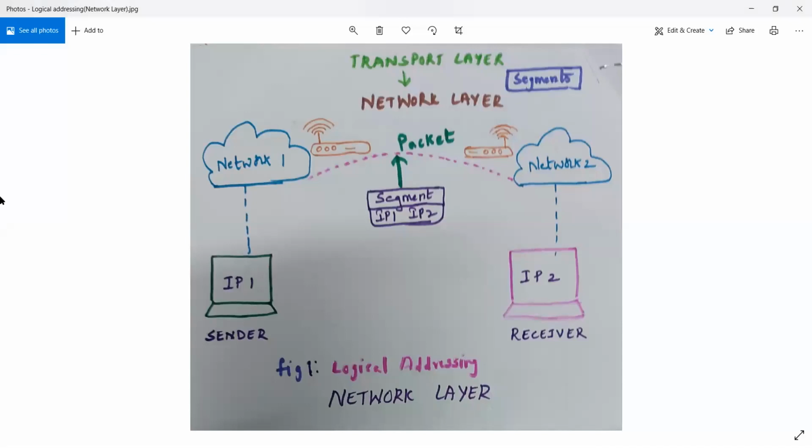Okay, so this is the network layer, and logical addressing is the function performed by this network layer.